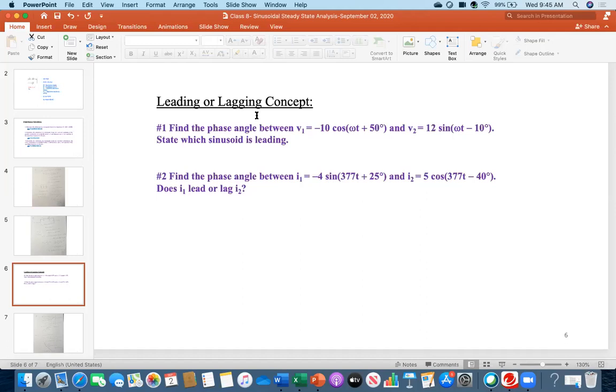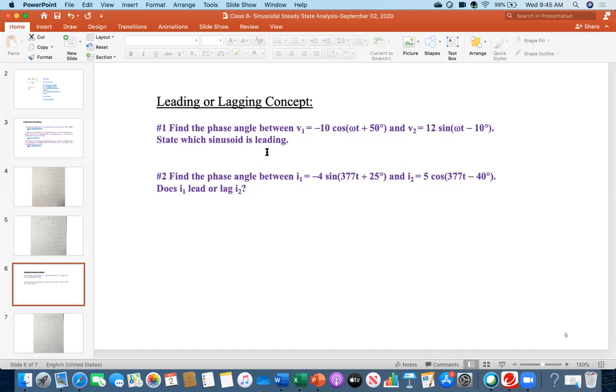When it was DC, because there was no angle included in a DC quantity, there was no question of leading or lagging. But if it is AC, definitely the question is leading or lagging. So for example, find the phase angle between V1 equals minus 10 cosine of this and V2 equals this.